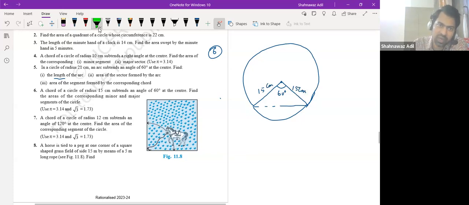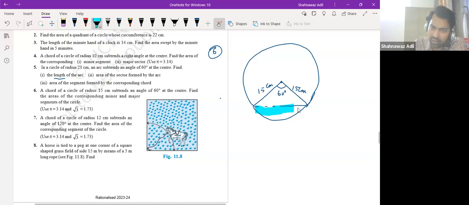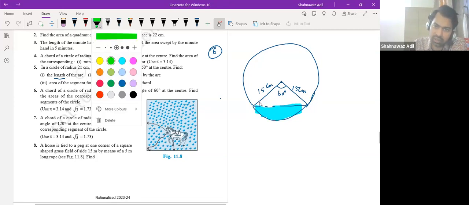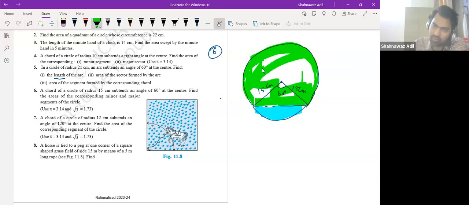And we have to find out the minor segment, which is this, and the major segment, which is this one. These are two things we have to find.